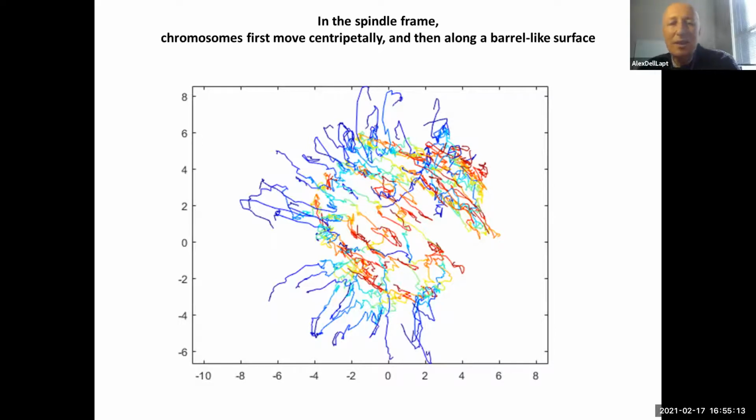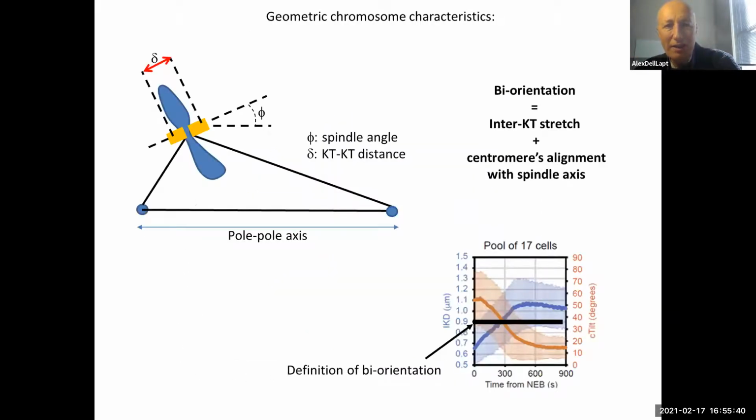In this coordinate system, at first, all the chromosomes move centripetally toward a certain barrel-shaped surface. And then later, they start moving along this barrel-shaped surface. So that's what is happening. And that set us on the following path.